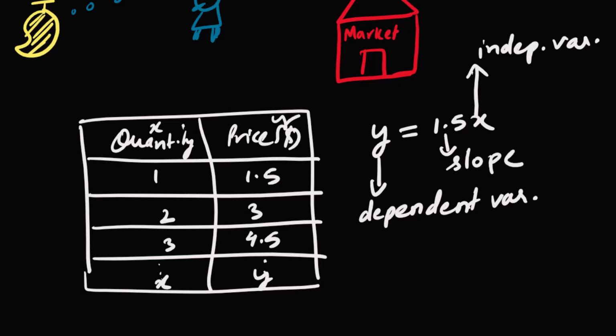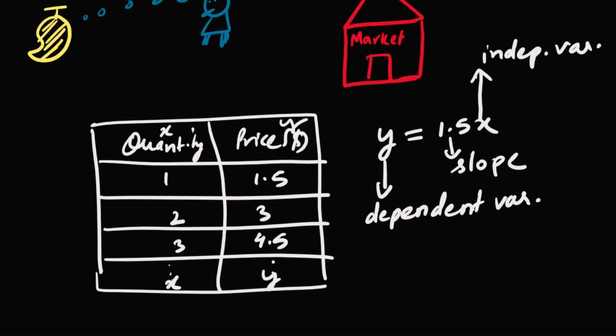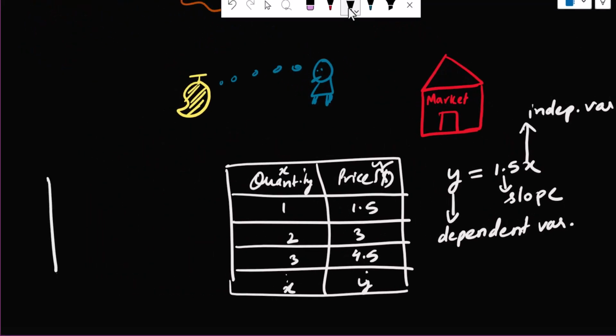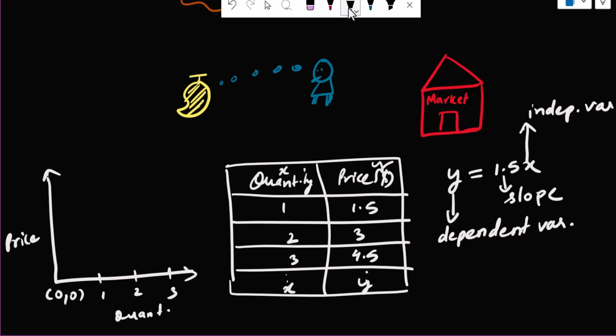Now let's also visualize the relationship between them with the help of a graph. So we will draw a graph, x-axis and y-axis. On the x-axis we can take the quantity and on the y-axis we can take the price.